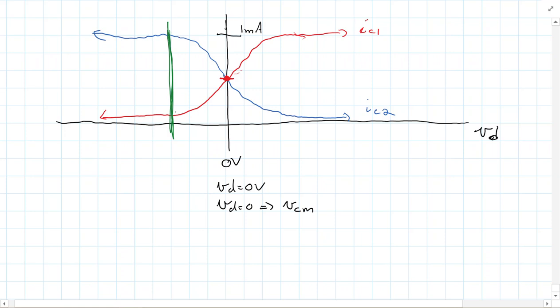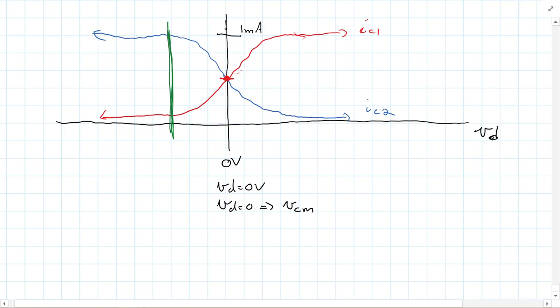And again, because these currents are actually getting close to 0, any small difference in this voltage is going to cause a big difference in the current there. But this is the idea of what's going on here, because if the voltage difference is 0, we have 1 milliamp going through each other.